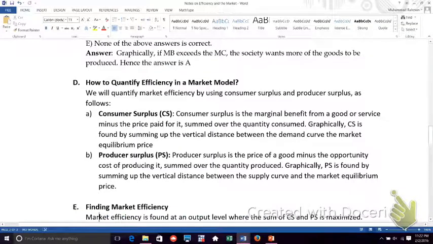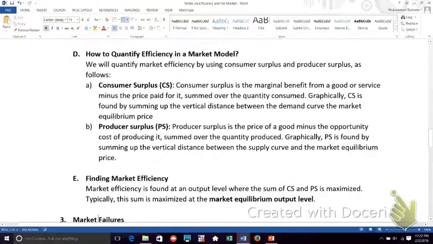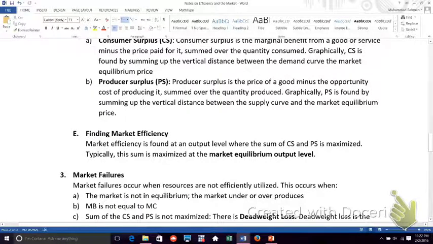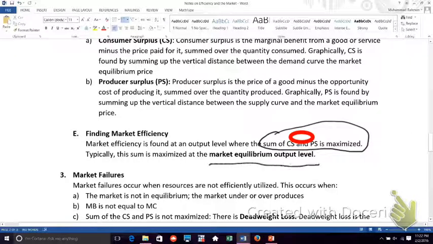But we want to be a little bit more formal. Formally, the way to find the market efficient outcome is that we will find market efficiency where the sum of the producer surplus and consumer surplus is maximum. This is where, as we will show in a minute, the market is in equilibrium as well.